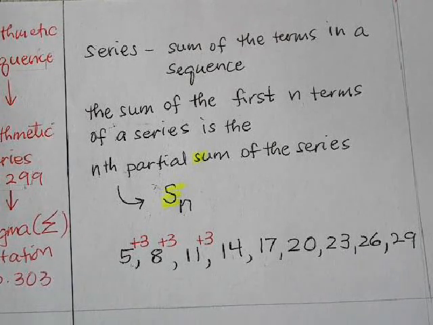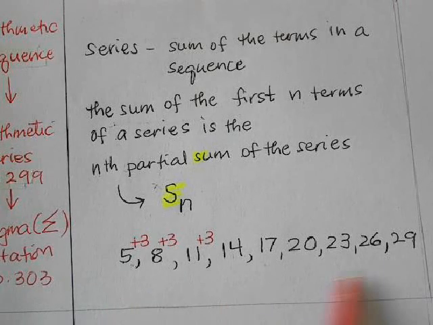How are you going to do that? We're going to use math, of course. Mathematicians always like to do the shortcut. That is our lesson today: how to find the sum of the first n terms of a sequence.